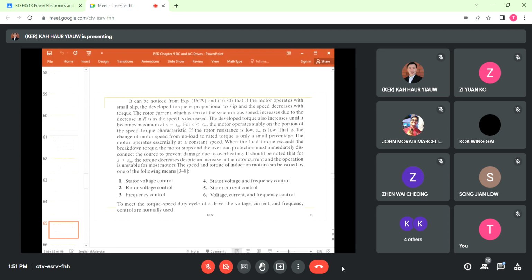When the load torque exceeds the breakdown torque, the motor stops and the overload protection must immediately disconnect the source to prevent damage due to overheating. It should be noted that for S greater than Sm, the torque decreases despite an increase in the rotor current, and the operation is unstable for most motors.